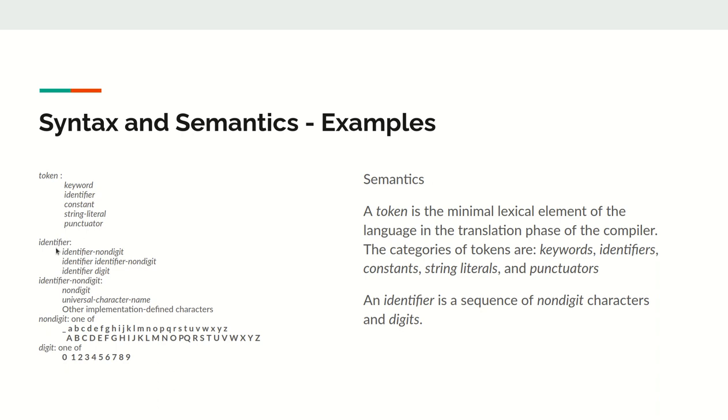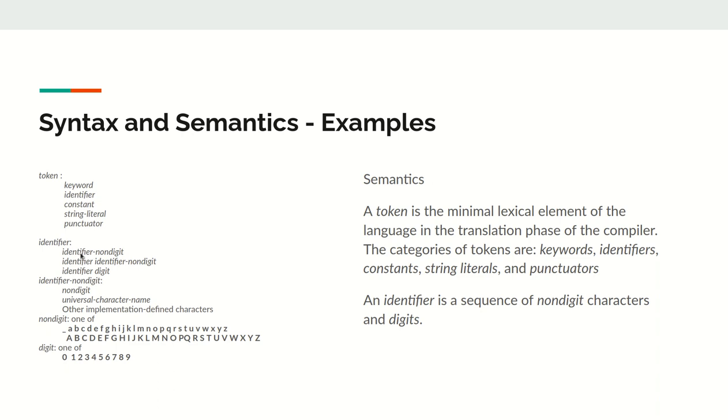We'll look at the identifier non-terminal definition here. In the identifier line, we put a colon to define this identifier. It can be an identifier-nondigit, which is also one non-terminal, or it can be identifier itself. If you see identifier followed by identifier-nondigit, this is itself defining again, meaning it can recur multiple times.